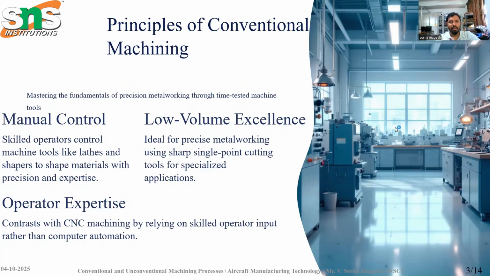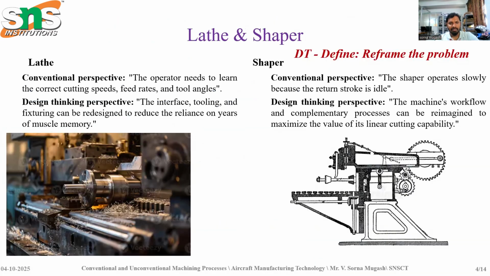Unlike CNC's computer-driven world, this relies on operator expertise, blending hands-on skill with mechanical power, as we see in the slide's visual. It is the foundation of craftsmanship that empowers everything from aircraft parts to prototypes. Next we enter the lathe and shaper with design thinking and define.